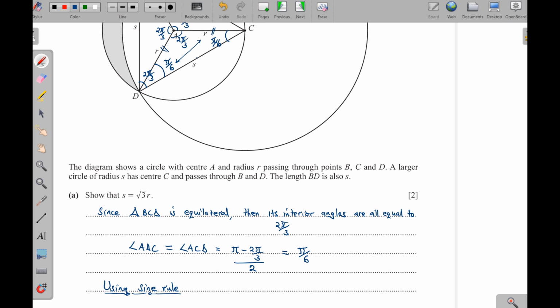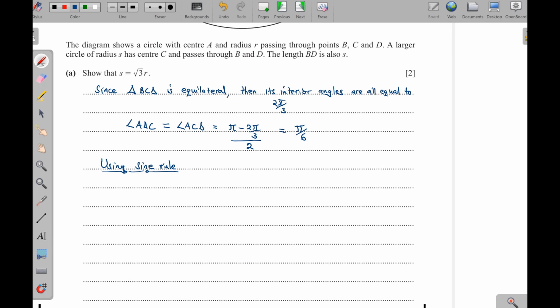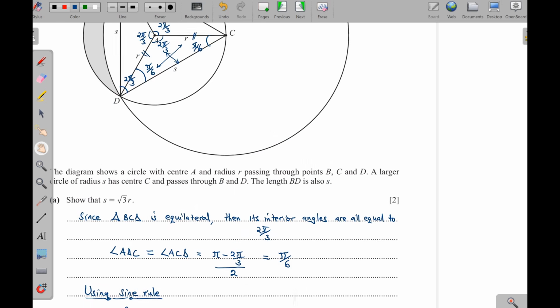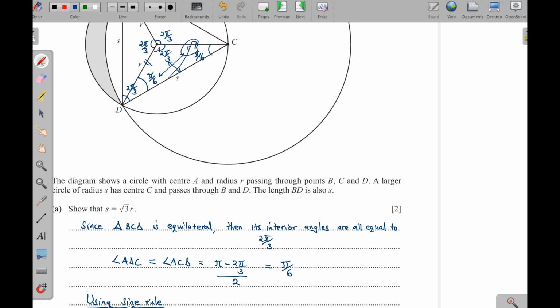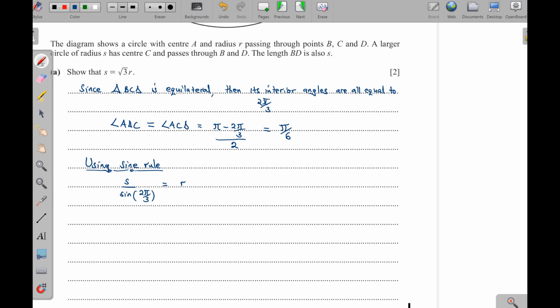Then we also have S, and then this angle here. So the side is S. So S over sine of the angle that is opposite to it, which is 2 pi over 3, is equal to the other side R over sine of the angle that is opposite to it, which is pi over 6.